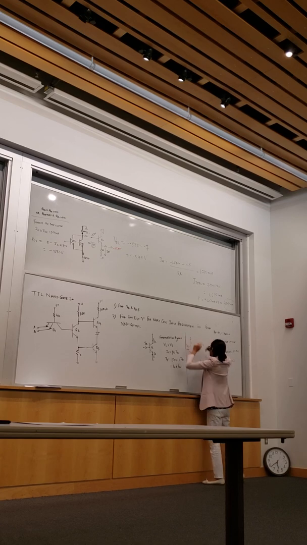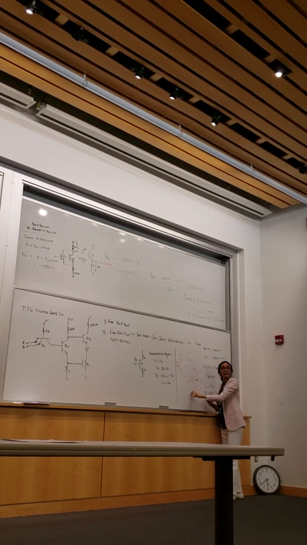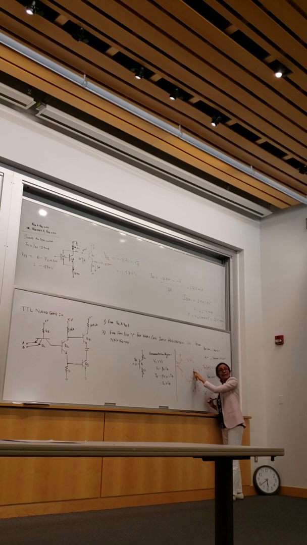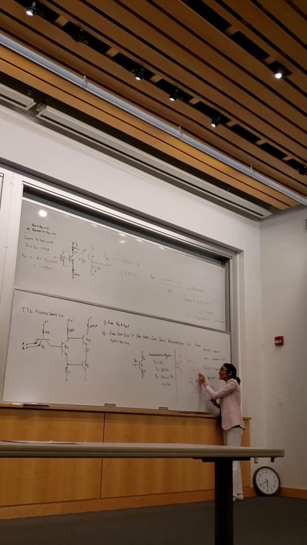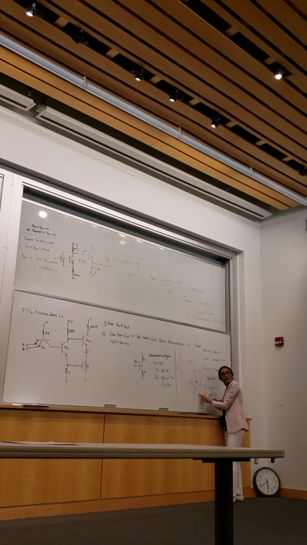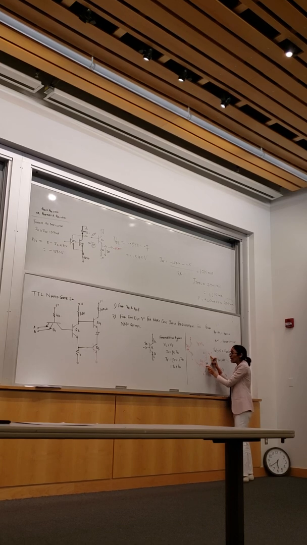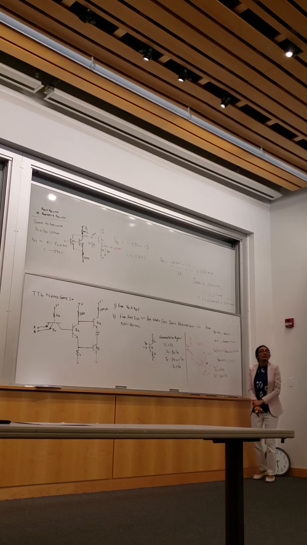So I flipped it. So when I flipped it upside down, this becomes my emitter, this becomes my collector, right? But since emitter is sitting at a higher potential than collector, it acts as a collector. That's why I have collector in parenthesis. And this collector is acting as an emitter. Okay? So now this new collector is related to IB through beta R as beta R IB. Same expression that we had for this actual transistor. You guys follow that?